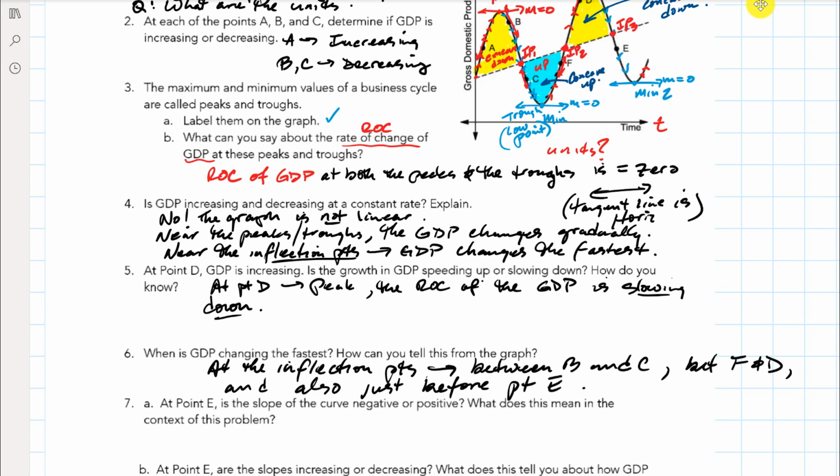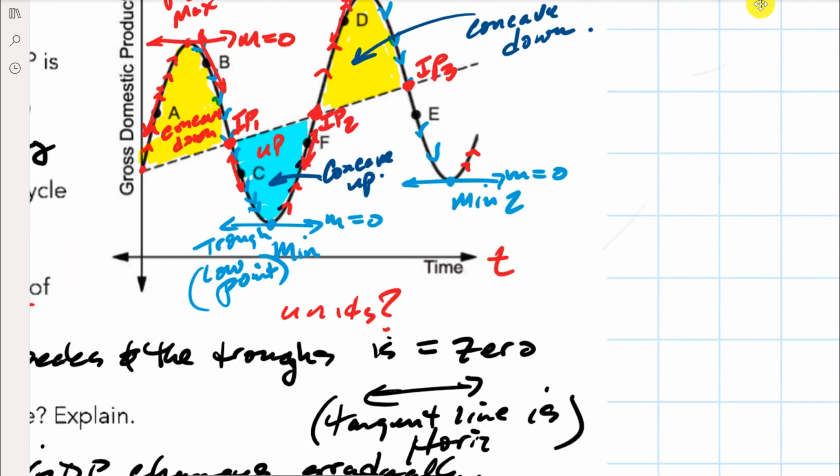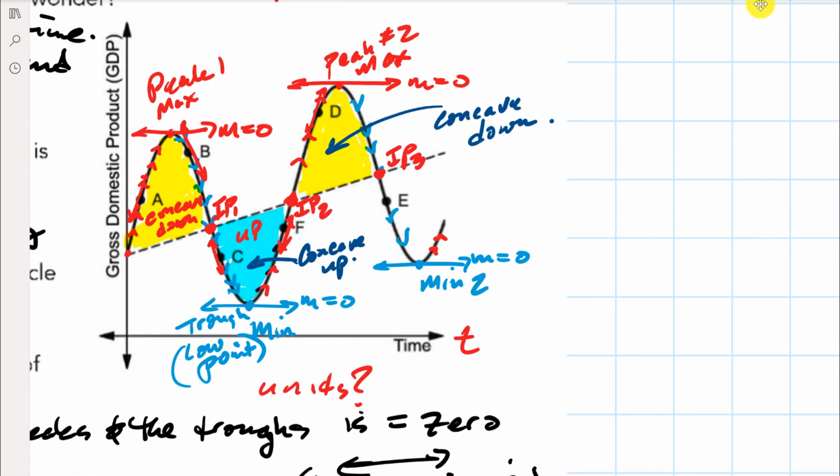So at point E, is the slope of the curve negative or positive? Let's go back up to E, draw the tangent line, and then we'll see what it's all about. I'm going to just draw it in. Remember, the tangent line intersects the curve at one point.